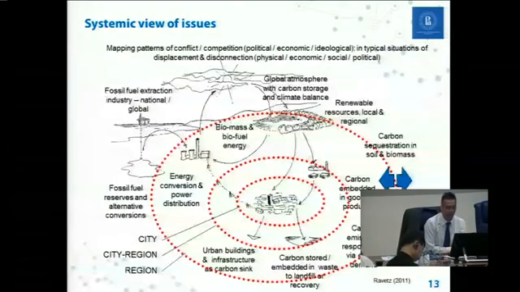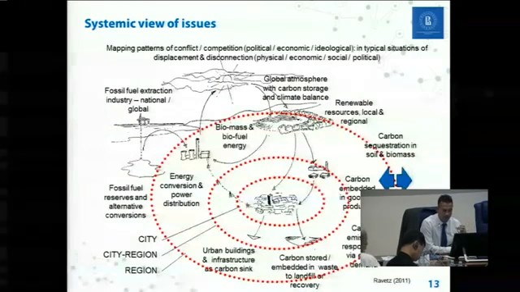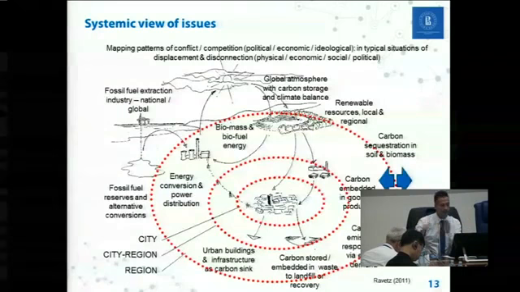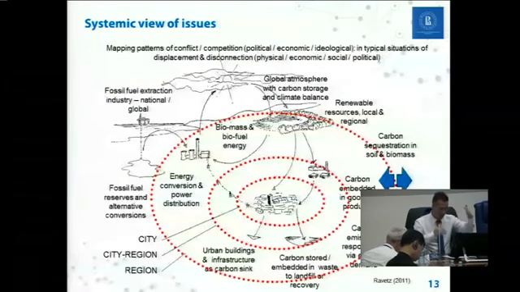So there are multiple levels, and our strategies and planning for the future of such technology should look at these global, national, local, and settlement levels in a multi-level approach. So this is a systemic view of the issue.